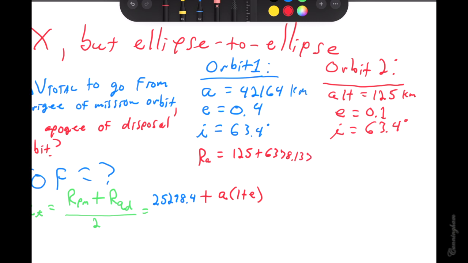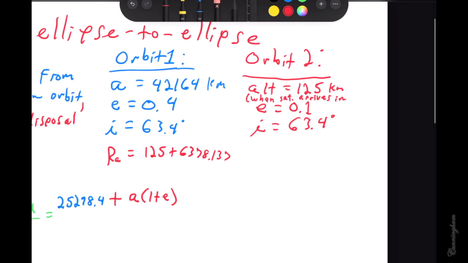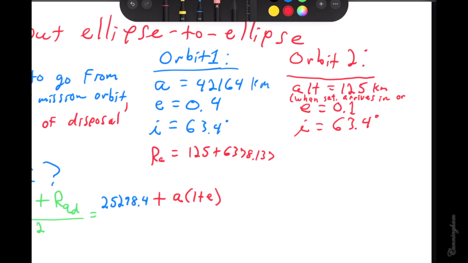I guess I should have been a little more specific here. The altitude when the satellite arrives in orbit will be 125 kilometers. And so that's what we're going to put in here.